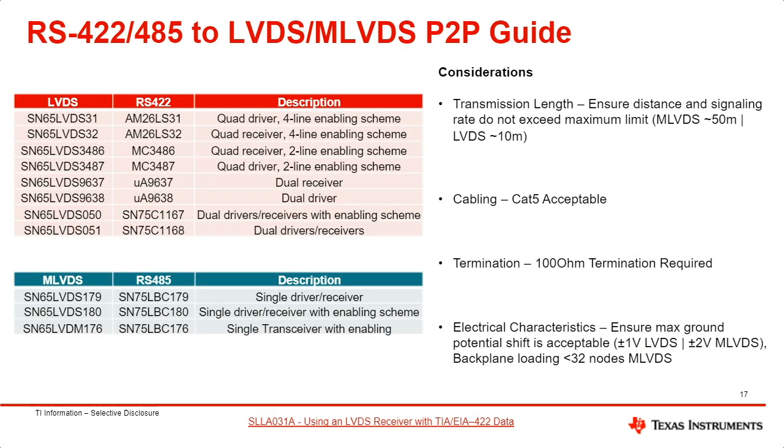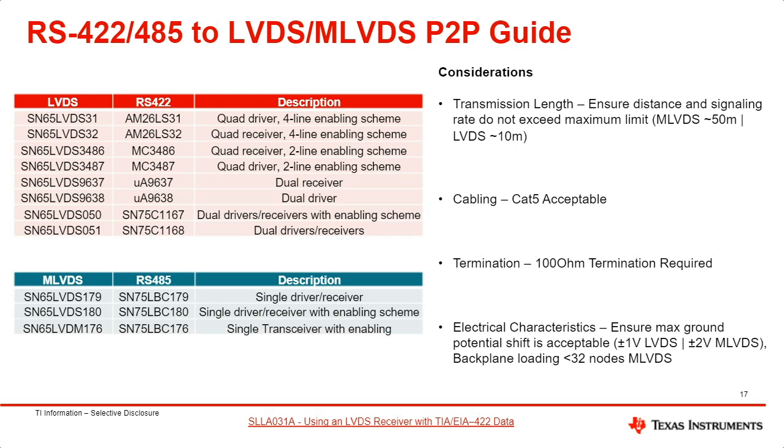TI has devices for both portfolios, RS-422 and RS-485 as well. RS-422 and RS-485 will have better noise immunity than LVDS and are capable of transmitting over much longer distances. So if your system requires longer distances and not as high a data rate, RS-422 and RS-485 might be a good option.